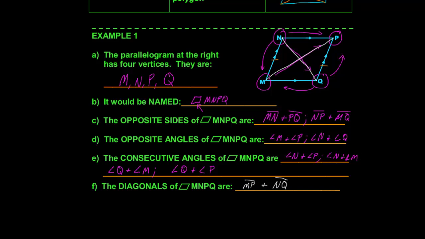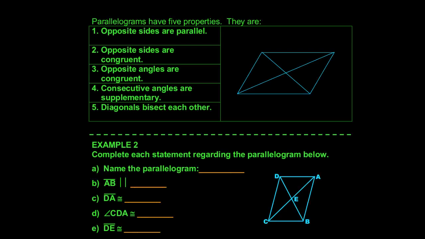Alright, so now let's move to the second page of our notes. And we have here parallelograms have 5 properties. They are the opposite sides are parallel. So let's mark this. The opposite sides are parallel.